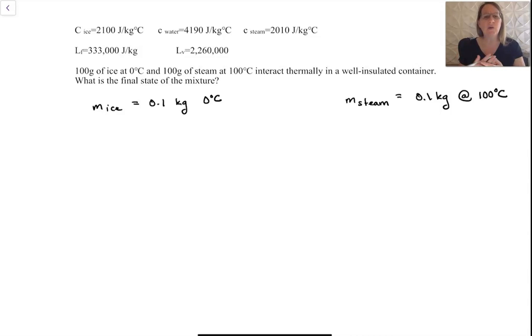The first thing that we need to do when we're working this kind of a problem is to say how much energy do we have to give and how much energy do we need to absorb.